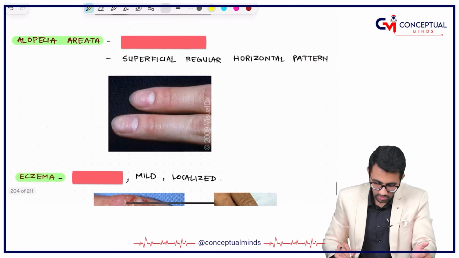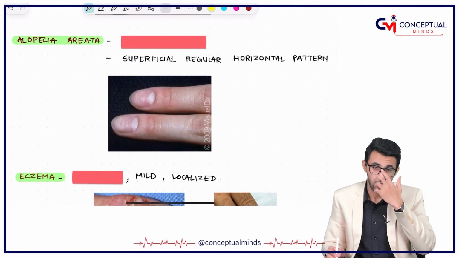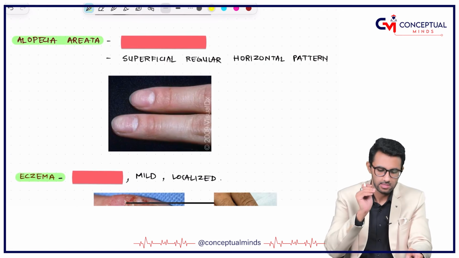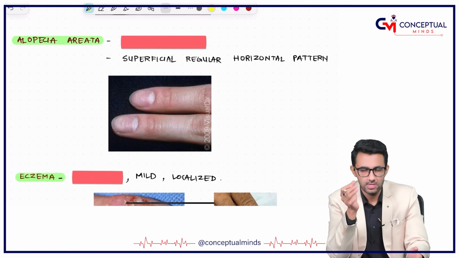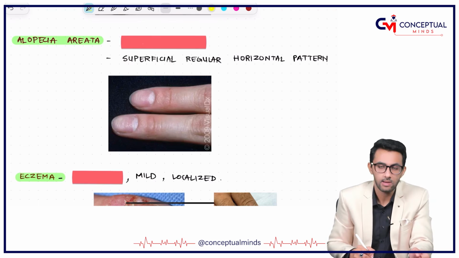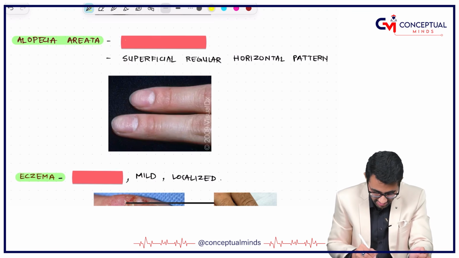How about alopecia areata? The topic we just finished. We just got done with this and started this chapter. It is a geometrical pattern. What kind of geometry do we see in this? We'll see about that.